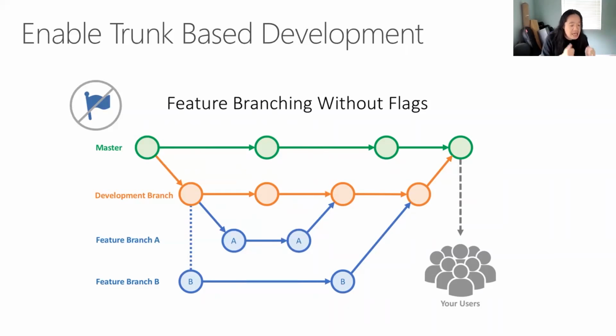But anytime you have long-running branches, it turns into a maintenance nightmare, right? To have long-running branches, not only do you have to maintain massive amounts of developer discipline, but anytime you have to merge, when that merge happens, a merge bomb explodes, right? Code conflicts occur.